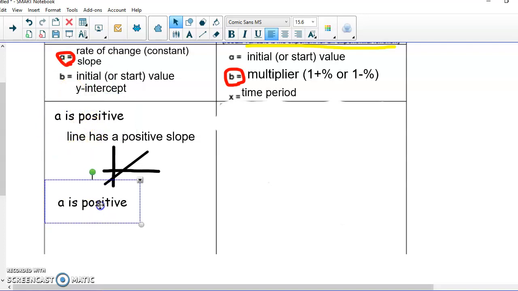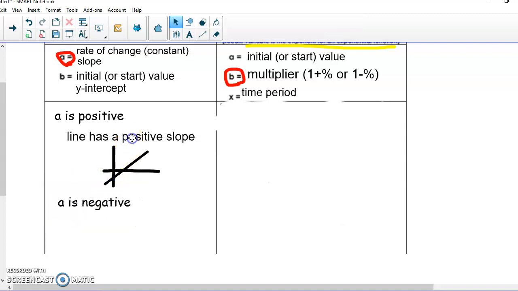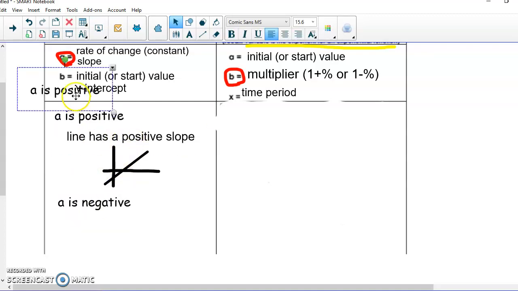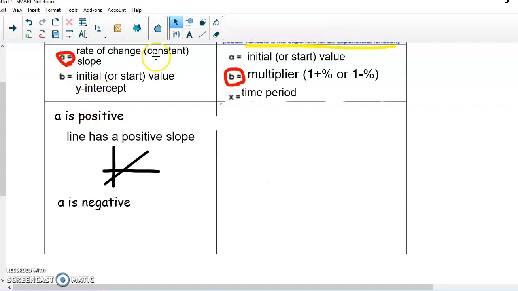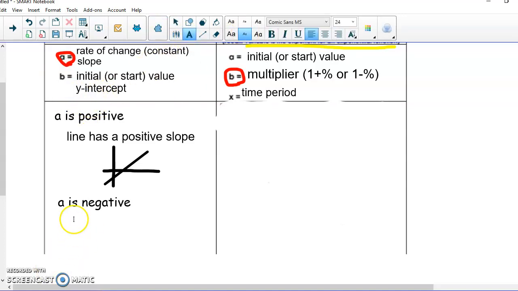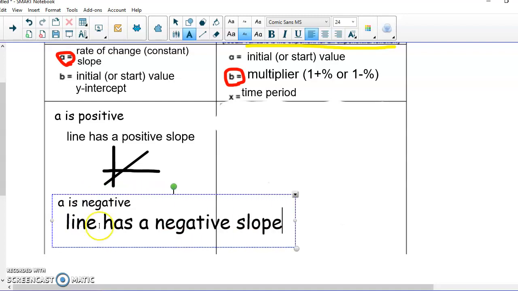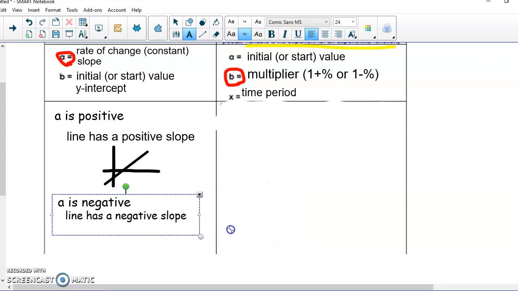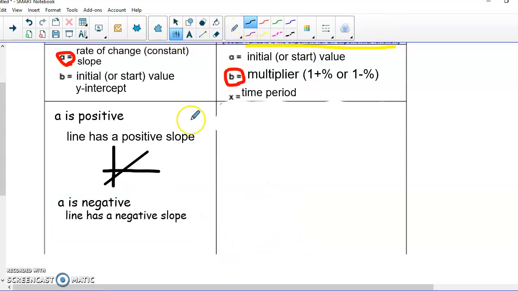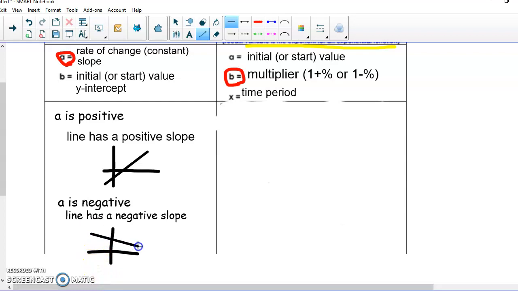So if a is negative, then the line has a negative slope, okay? That just means that if we look at our graph, and you can draw a little picture of a graph right here, the graph is going to be going down. It could be going down in a shallow way, or it could be very steep. It just depends on what the value of a is.